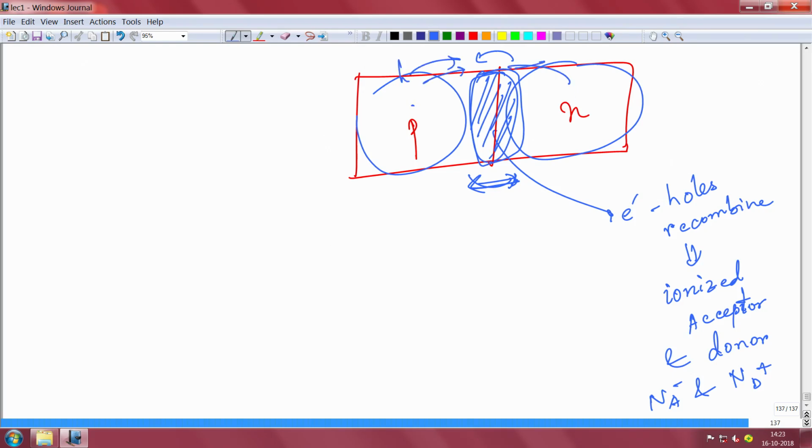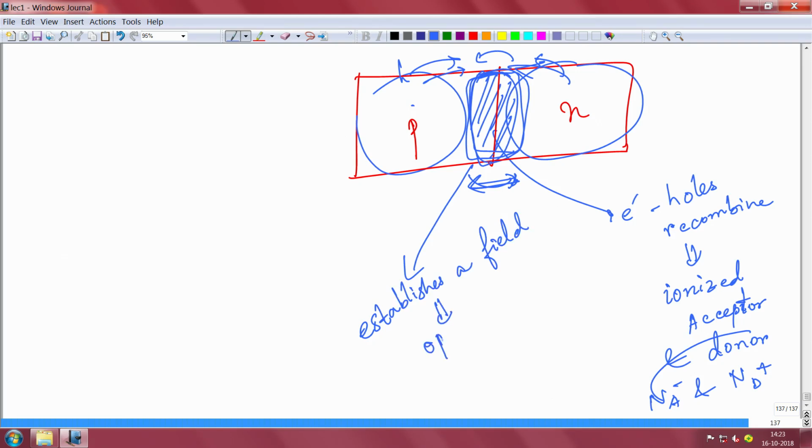Electrons will still try to come to the other side from here, but that will not be possible, because as soon as they leave behind a positively charged and a negatively charged core here, this establishes an electric field, and that field will oppose any further diffusion of electrons or holes from the other side.